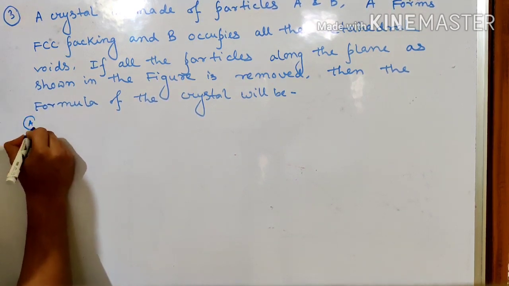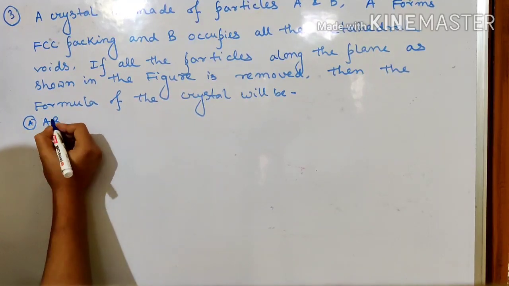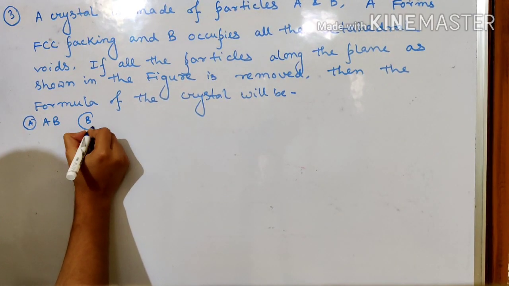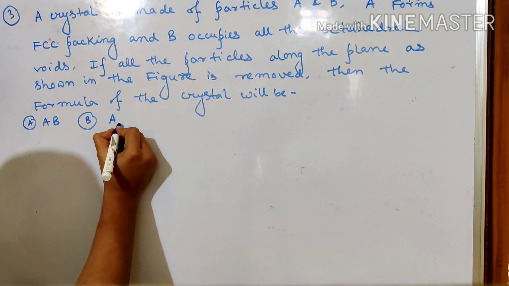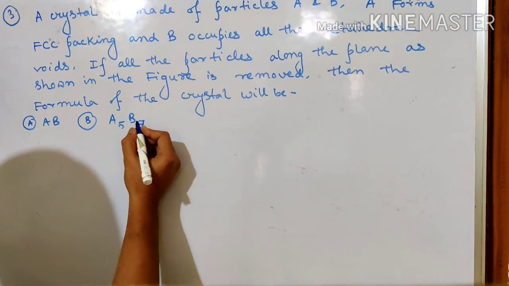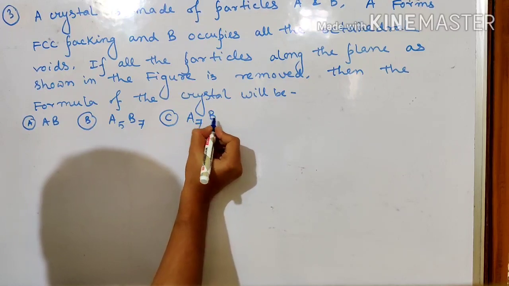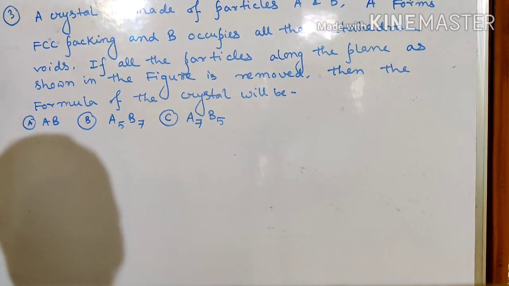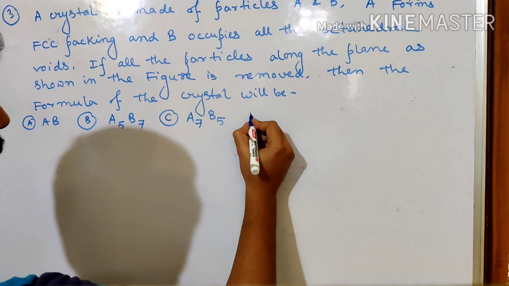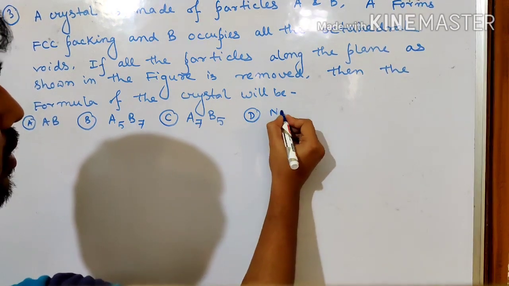Options are: option A, AB; option B, A5 B7; option C, A7 B5; option D, none of these.